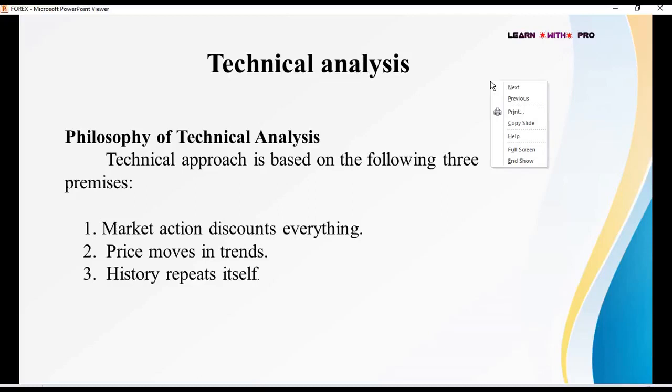There's a possibility that if it touches that $100,000, it will fall. You know why? Because something happened at the previous $100,000 that made it fall at that particular price level. There was something that happened there. But that is the work of fundamental analysis.